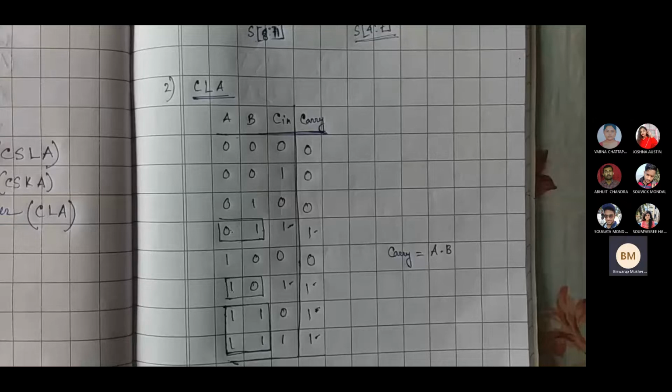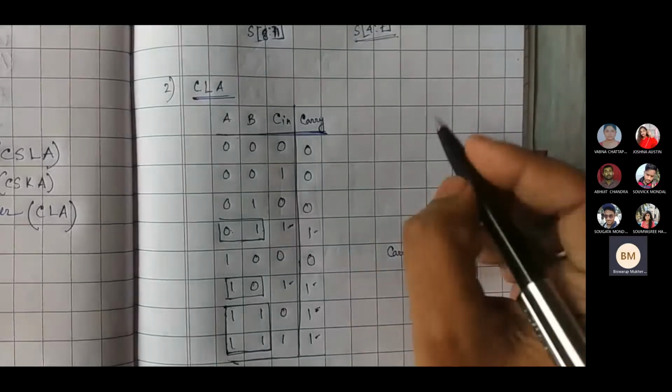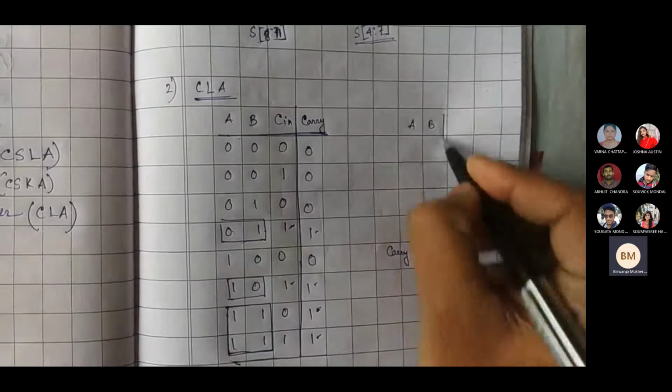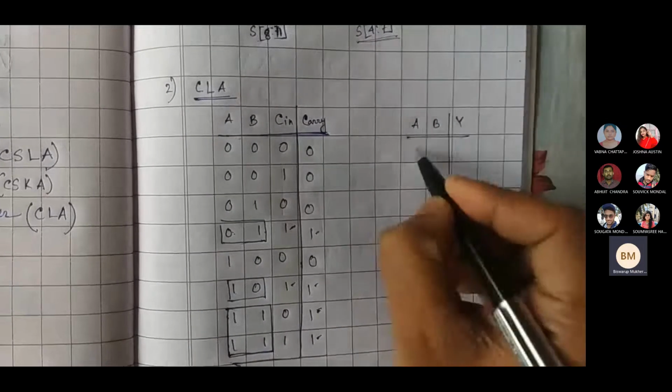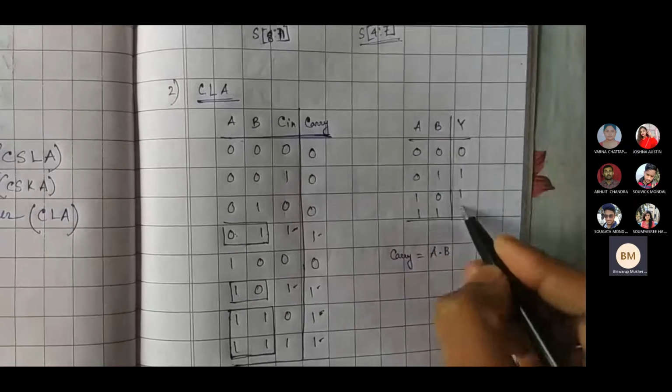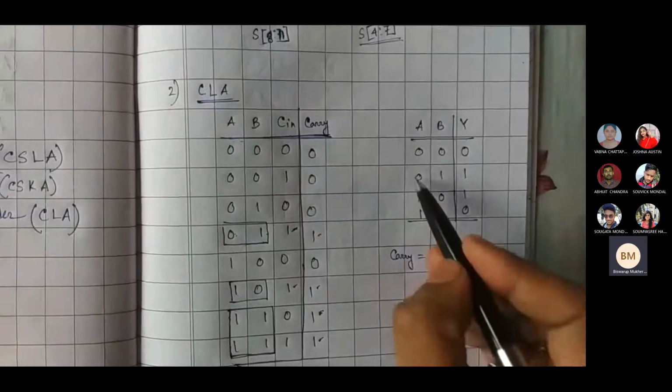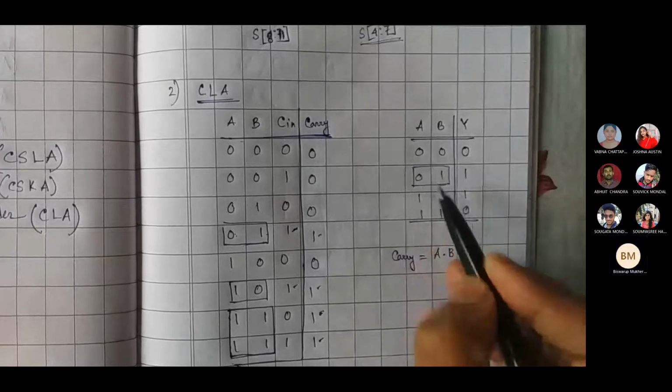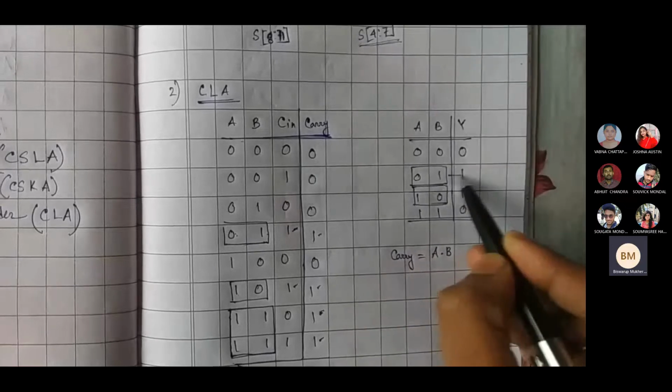How to logically express that? A, B both are different. We have to make sure that it produces a 1, and then we need to AND it with C in. Where can we get that output high? 0 0 0 1 1 0 1 1. If we take this one, it is something like an XOR operation. So if A, B both are different, then my output is 1.